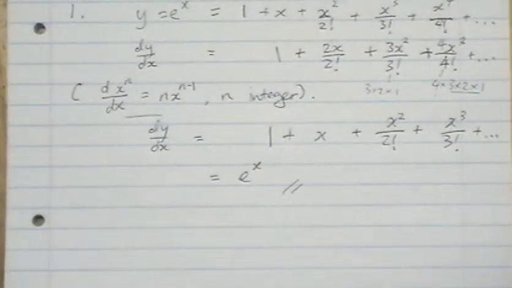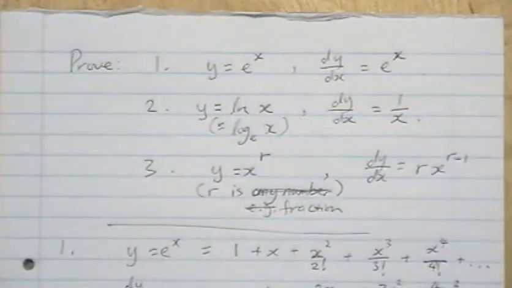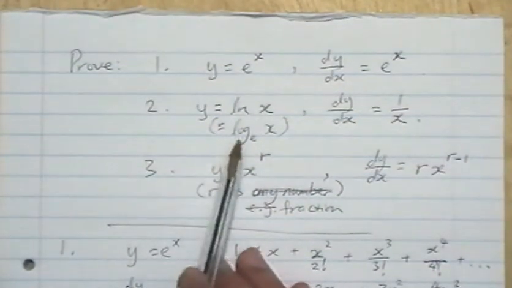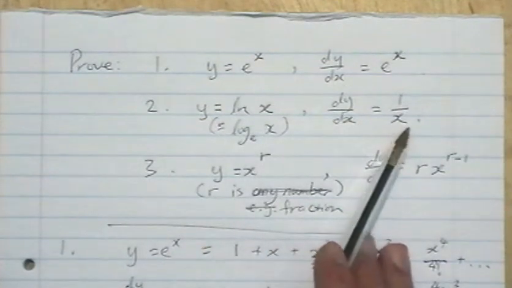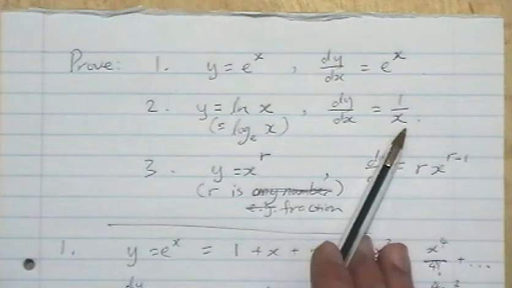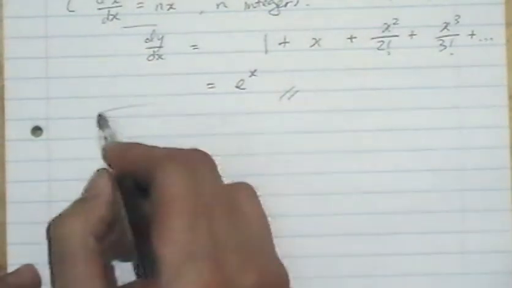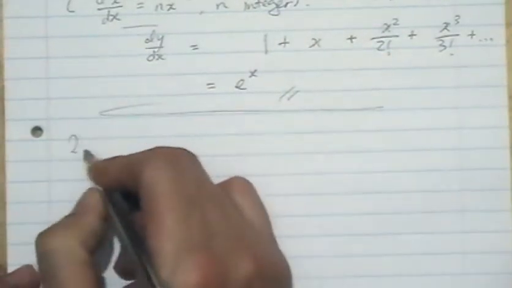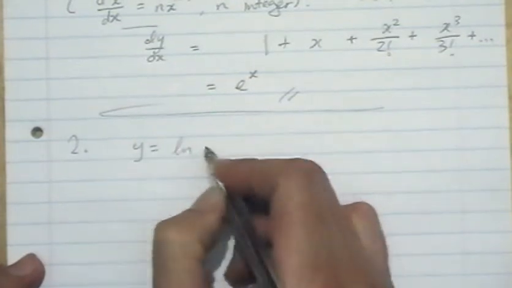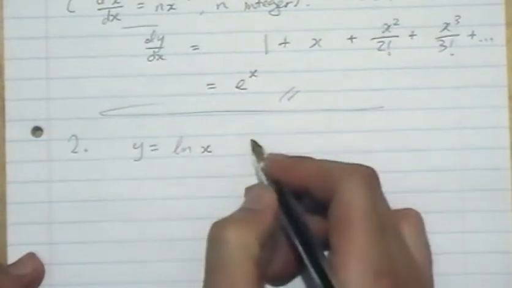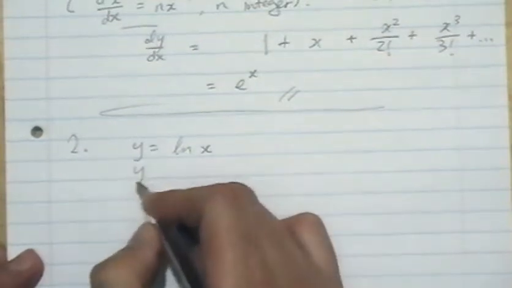Let's continue with number 2. In number 2, I want to show that when I differentiate ln x, the answer is 1 over x. So I shall start with y equals ln x. Let me make that more explicit.